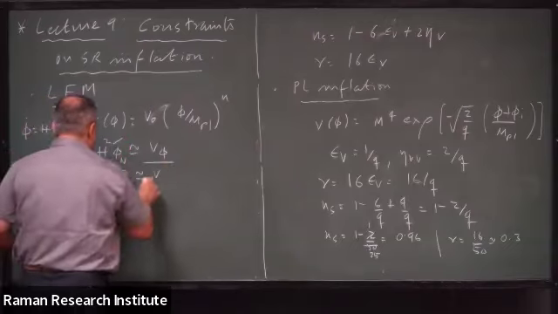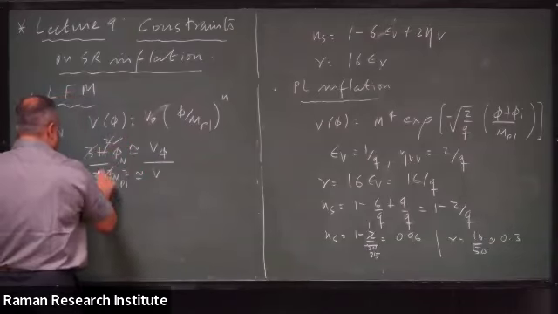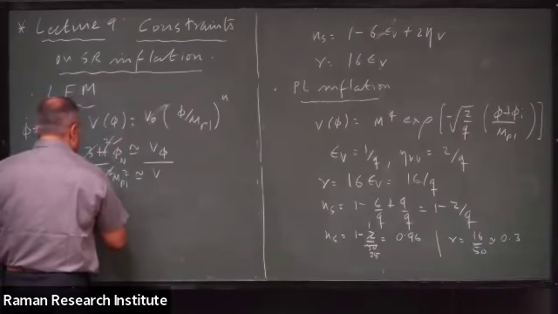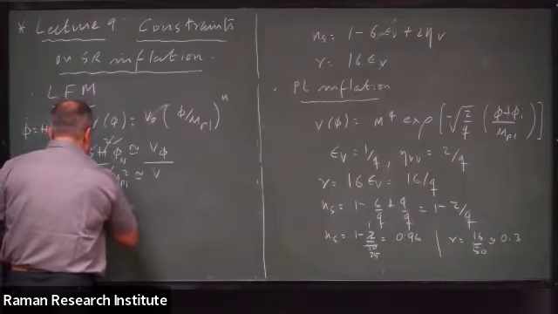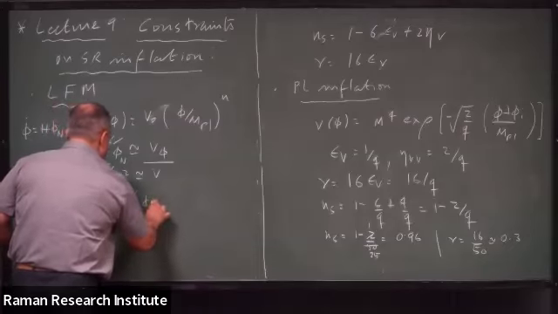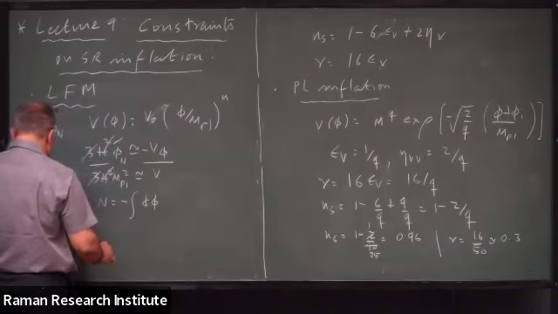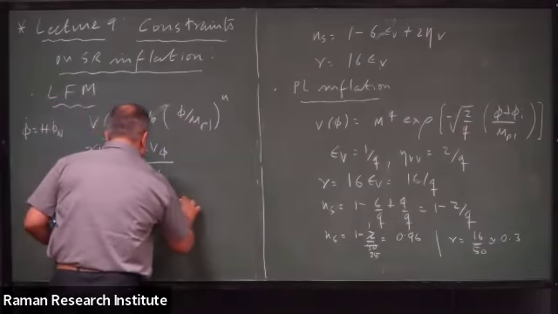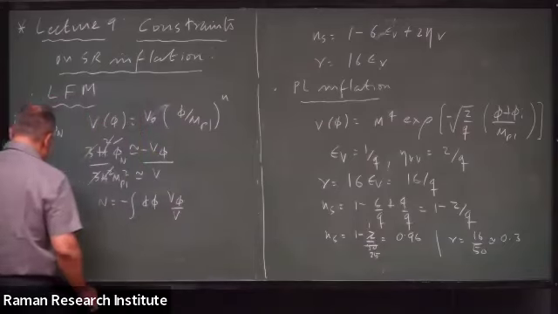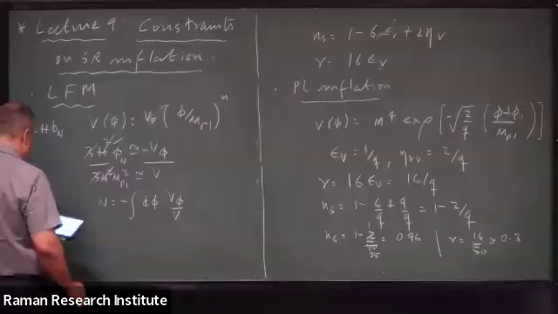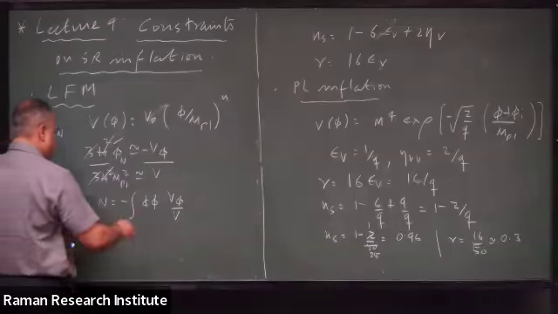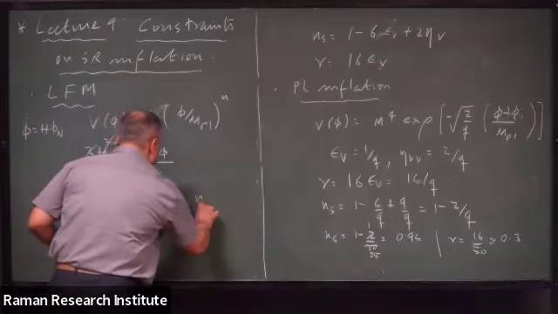I can take the ratio of this, 3H squared goes away. So what am I left with? I'm left with N equal to integral d phi, there is a minus I have missed out, minus, and then what do I have? V_phi by V, correct? Which implies, essentially, this is N by phi.